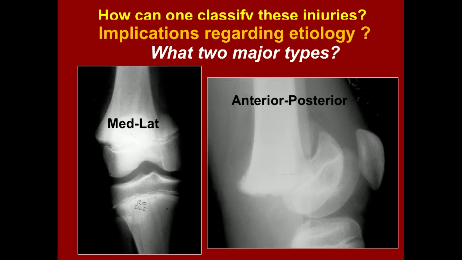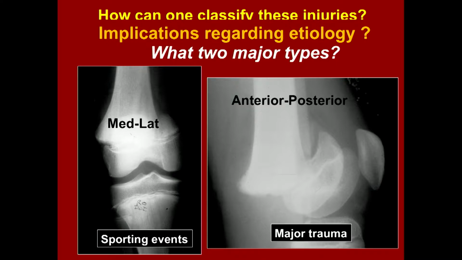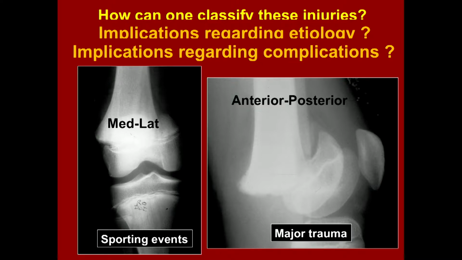So, what are the implications regarding the etiology? These are usually a result of sporting events. What about the anterior posterior? Trauma. Yeah, they're usually severe trauma. So, what about complications? Which one is more likely to have vascular complications? The coronal plane. Yes.